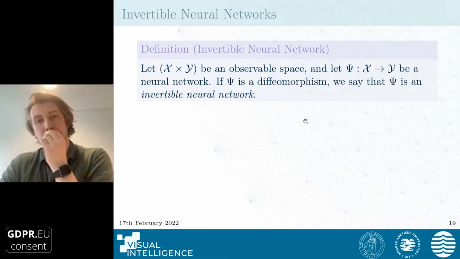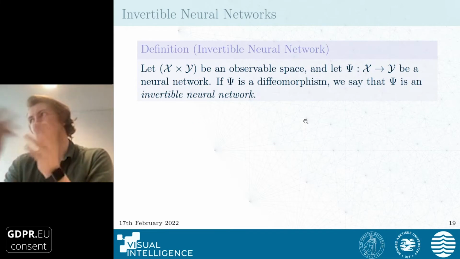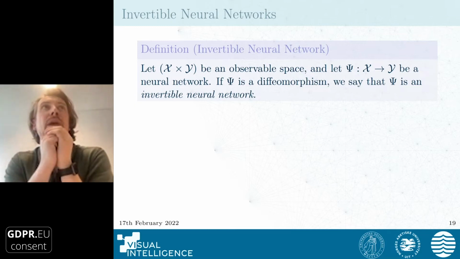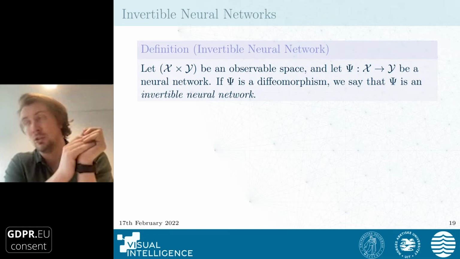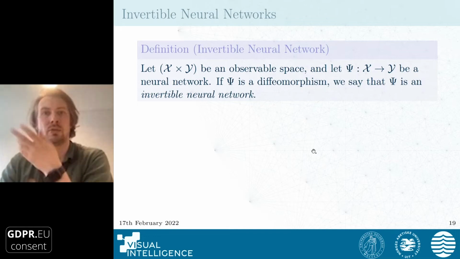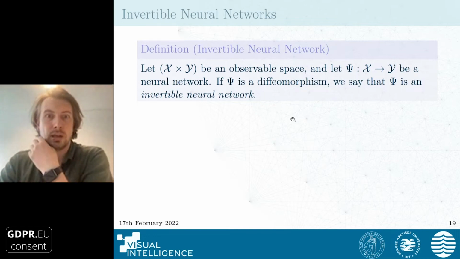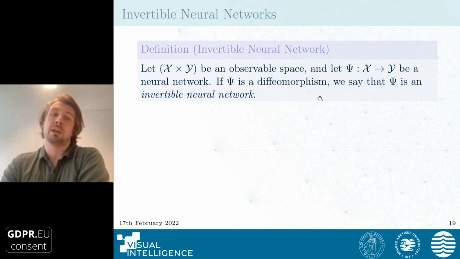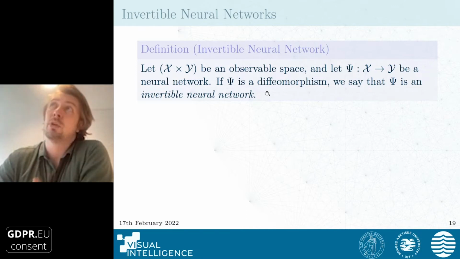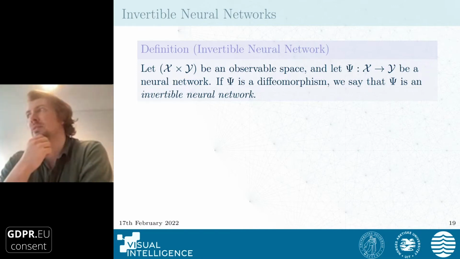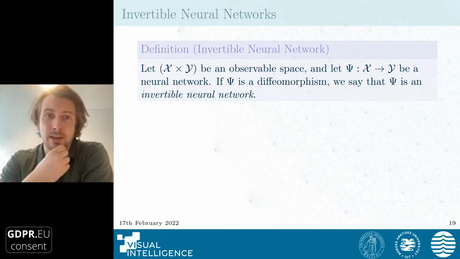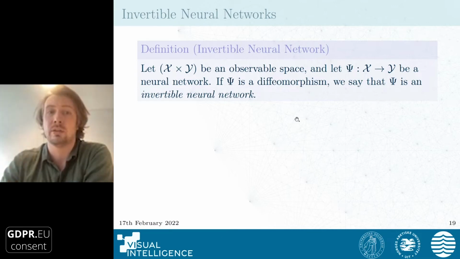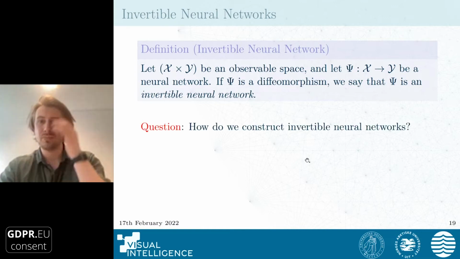An invertible neural network is an enticing approach where, if we have a network and we know that we can invert this network, we can use this for these types of tasks. An invertible neural network is simply a neural network that is a diffeomorphism, meaning that it's continuous and differentiable, and we say that this network is an invertible neural network.